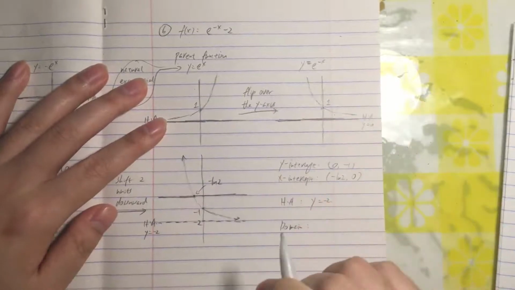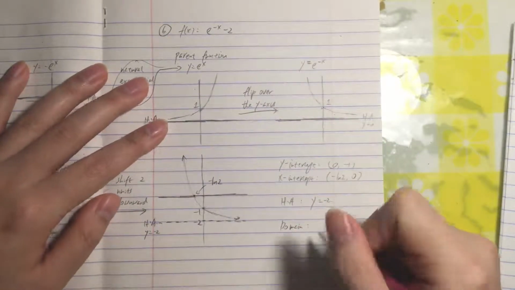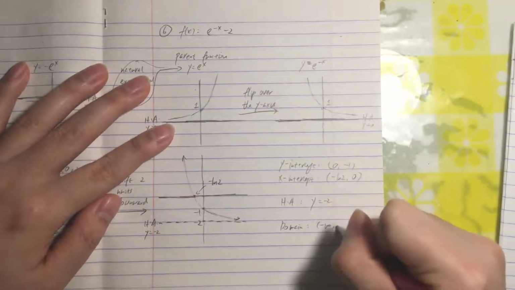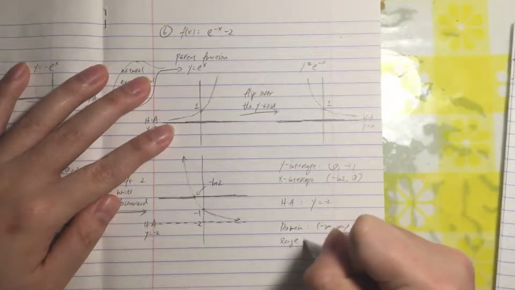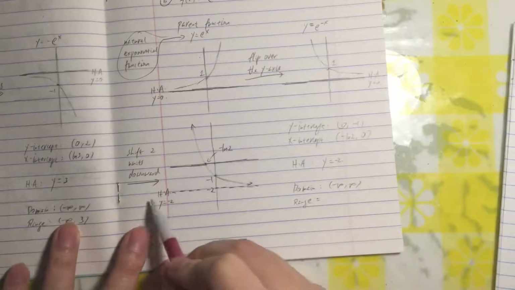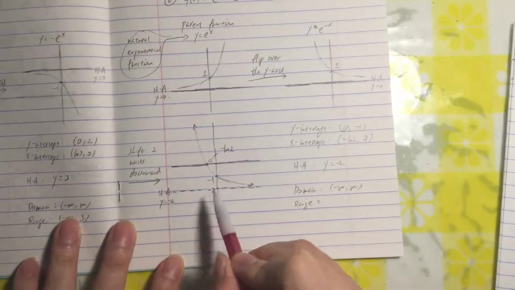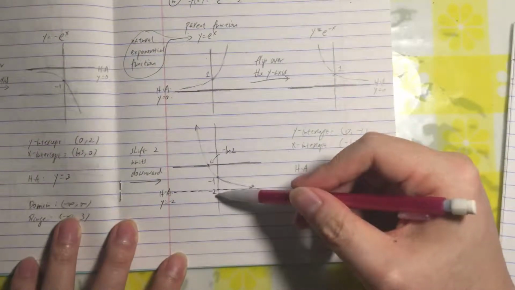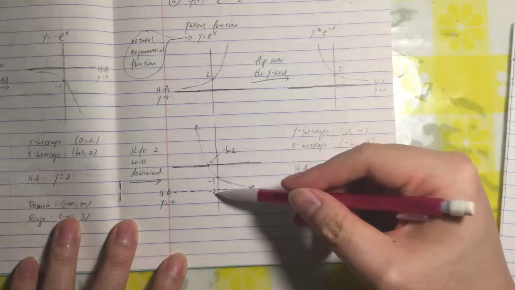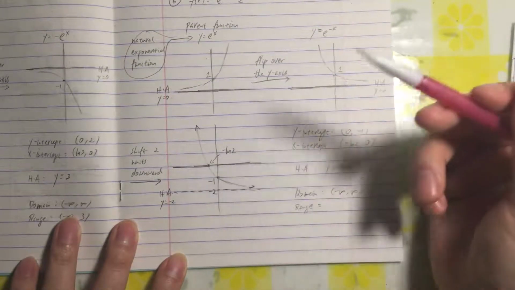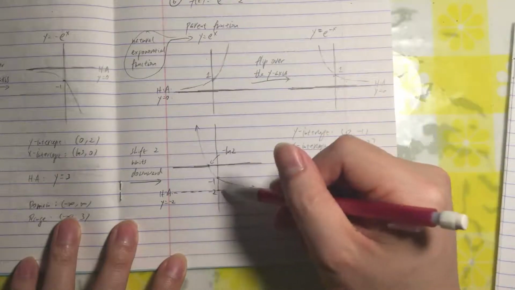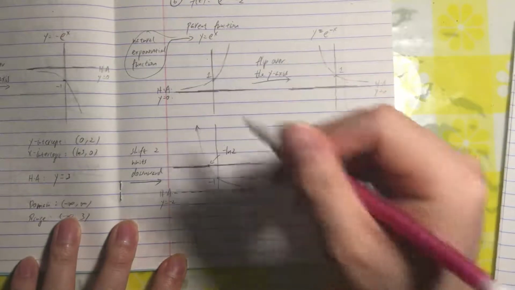For an exponential function, the domain is always the set of all real numbers, from negative infinity to infinity. And for the range, since the horizontal asymptote is negative 2 and the graph is above negative 2, the range is the set of all real numbers from negative 2 to infinity.